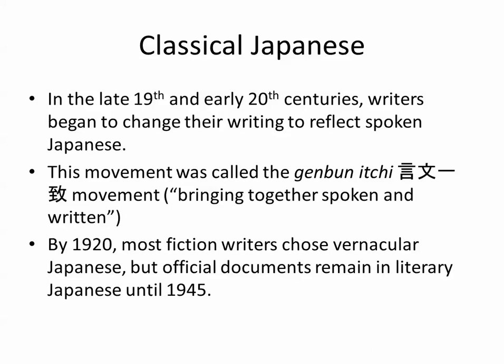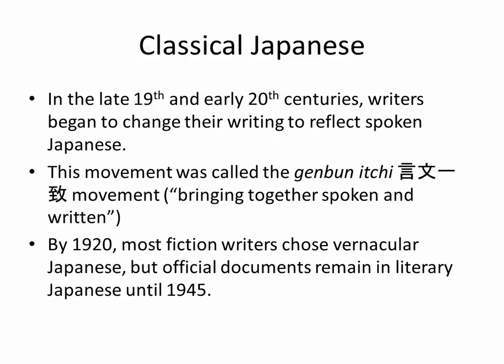Typically in the United States, classical Japanese is only taught at the graduate level. Once in a while here at Albany, we do teach it to undergraduates. But I think there's a good argument for studying it. Now, I also want to say that these numbers like 1920 are ballpark ideas.